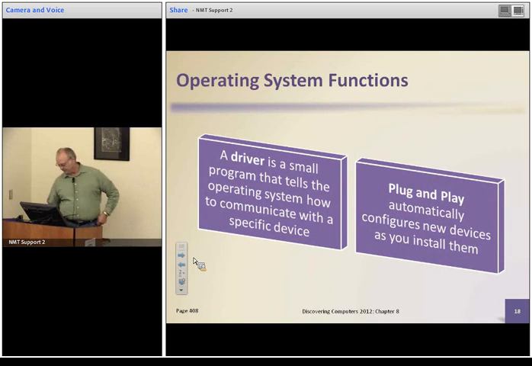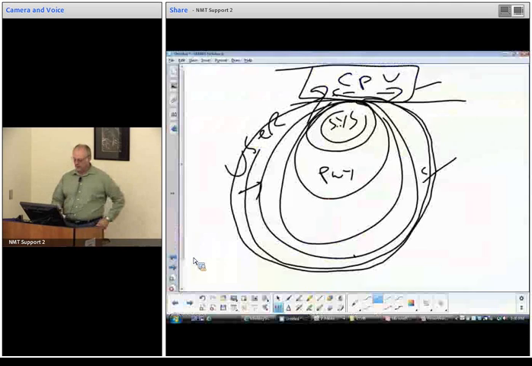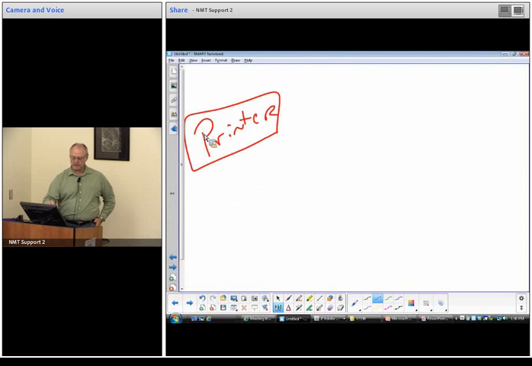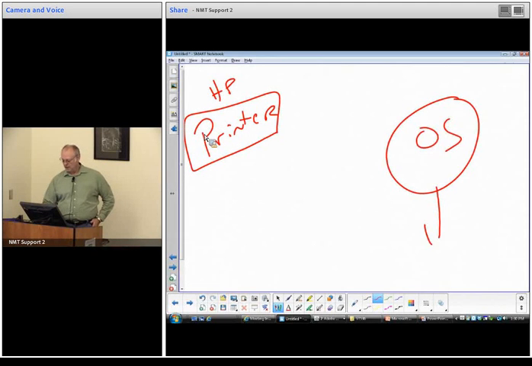Okay. So let's talk a little bit about hardware, other hardware in the operating system. So you buy a printer with some manufacturer, let's say it's HP. And over here we have an OS communicating with, let's say, Dell hardware.